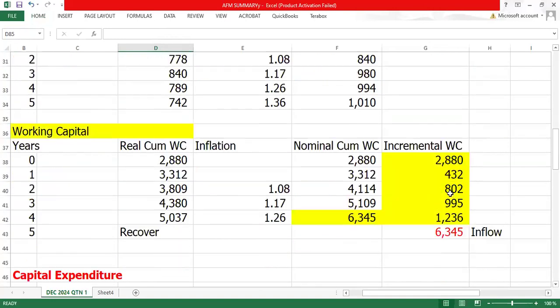Year zero, you put this. Year one, you put this. But remember, I told you these ones are negative. Then in year five, you put this one as a positive because you are recouping. That is where people make mistakes.